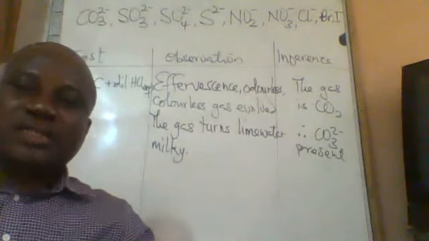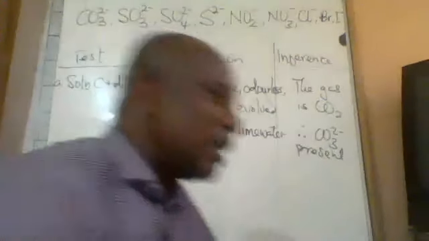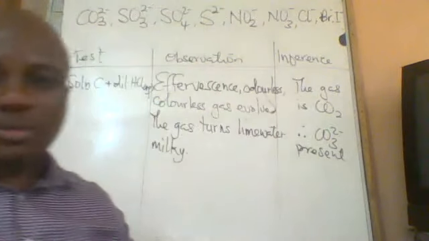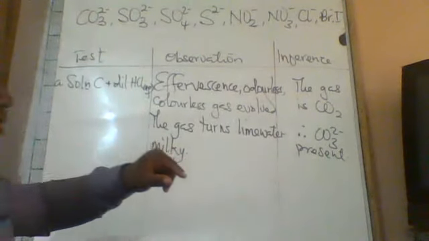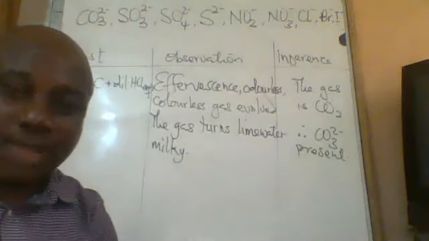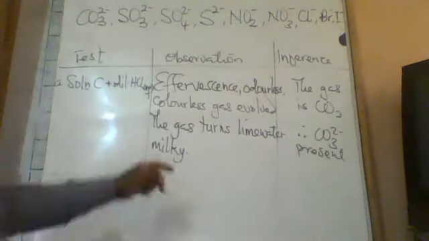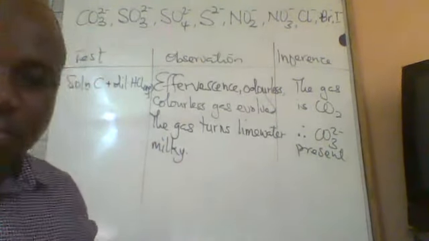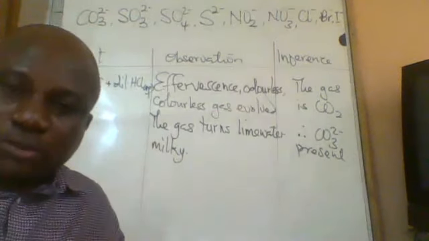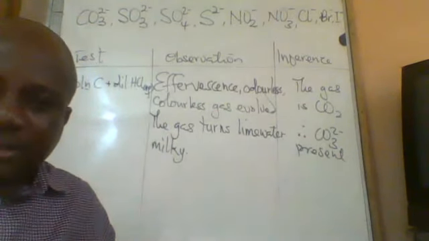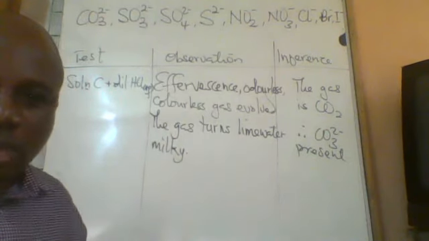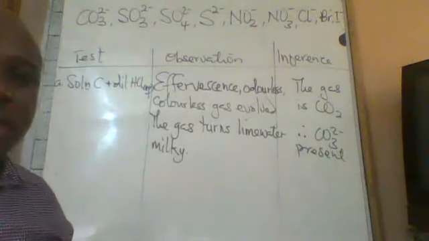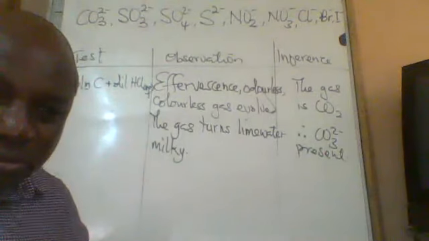So when you add HCl to a test reagent and there is effervescence, odorless, colorless gas evolving, and if the gas turns lime water murky, that means that carbonate ion is present. Please, in the inference column, we are recording that the gas is CO2. CO2 is not an anion.